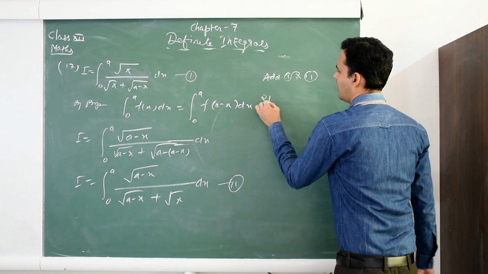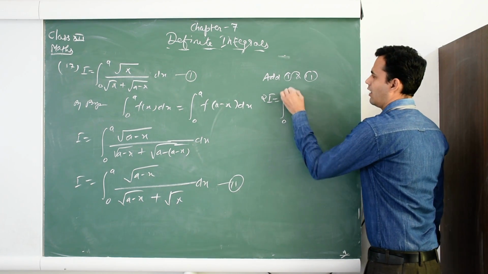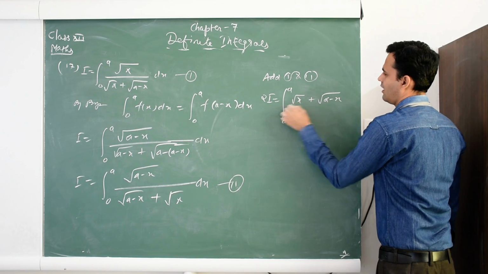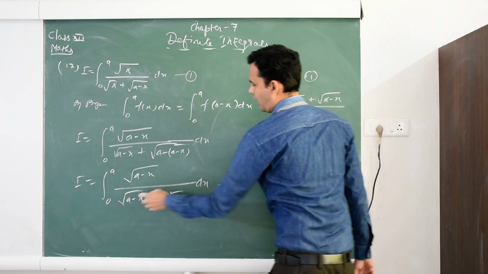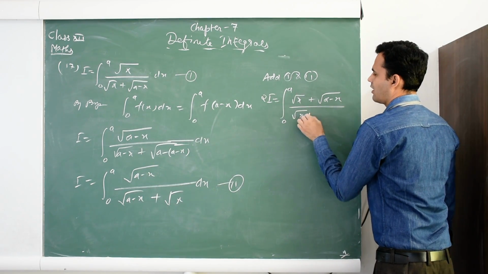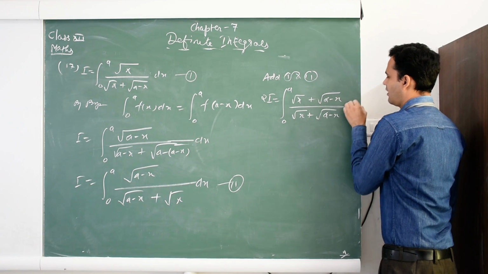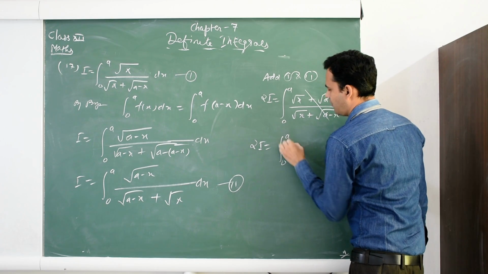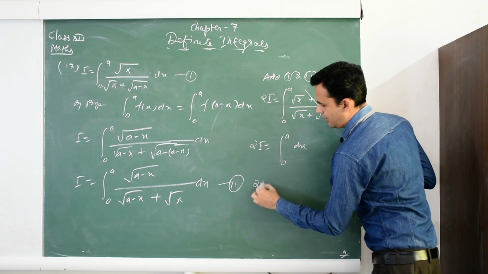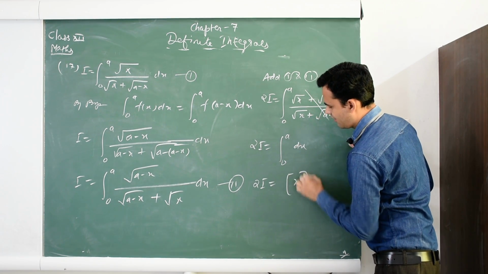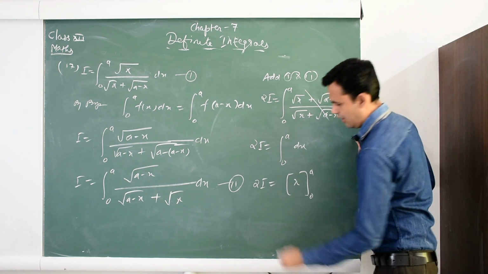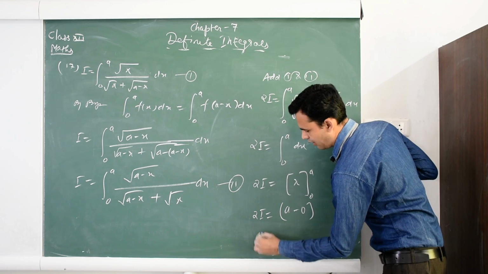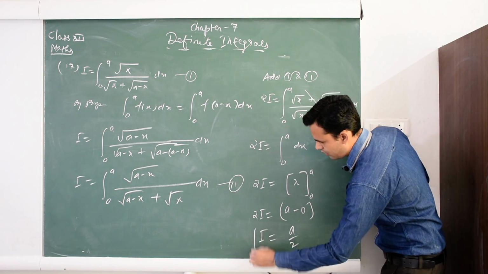So, we get 2I equals the integral from 0 to a of (root x plus root a minus x) in the numerator and the same denominator, root x plus root a minus x dx, both are cancelled. So, 2I equals the integral from 0 to a of dx, the integration of dx is x, and the limit is 0 to a. So, we put the limit a minus 0 and therefore, I equals a upon 2.